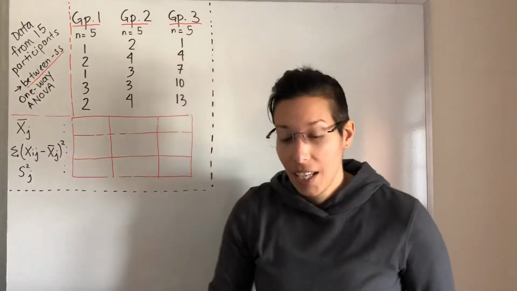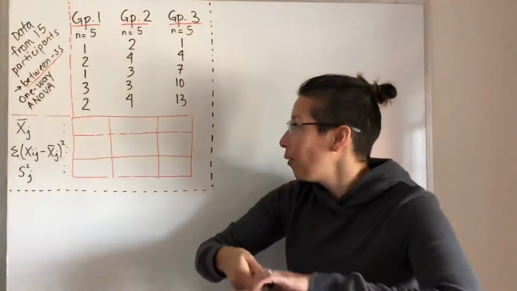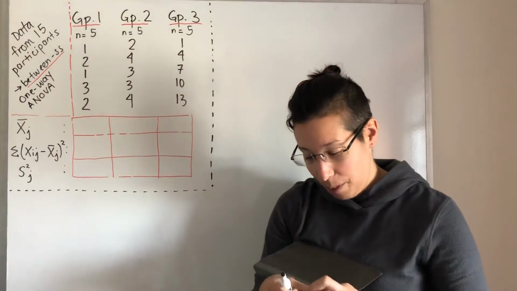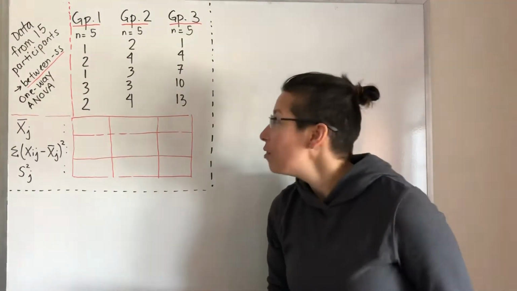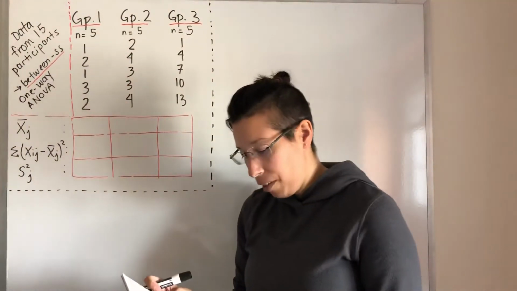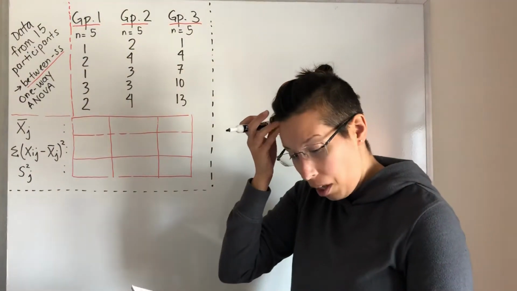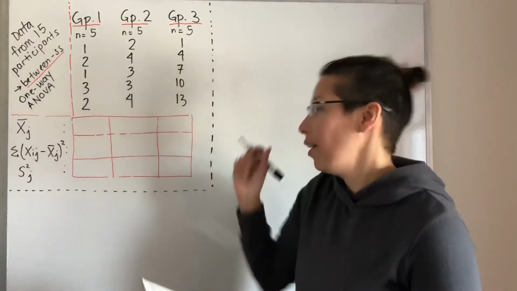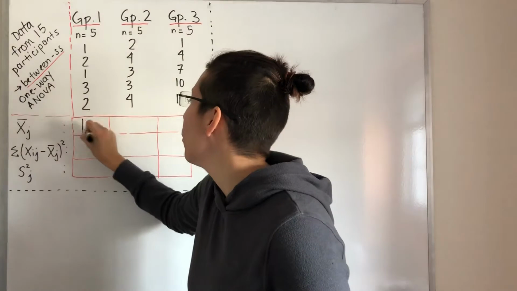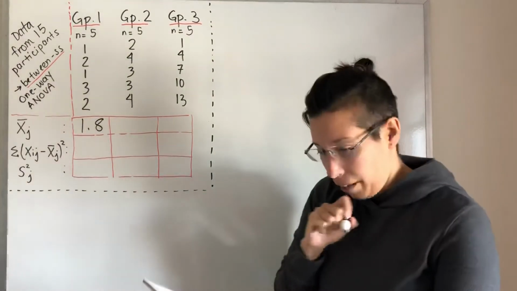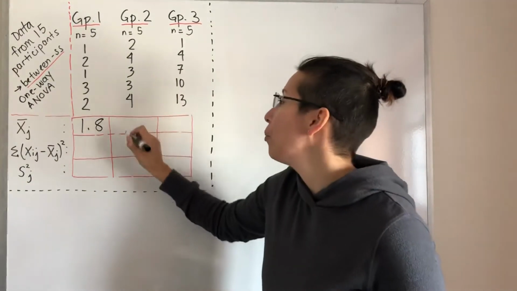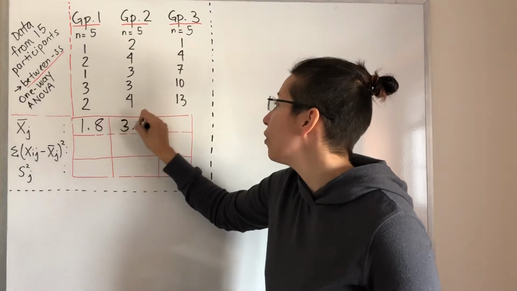Okay, hi. And I'm going to put the means in. So the mean of this one, I wonder even if you could do mental arithmetic. Oh, maybe not. Okay, because this one is 1.8. And this mean for group 2 is 3.2.